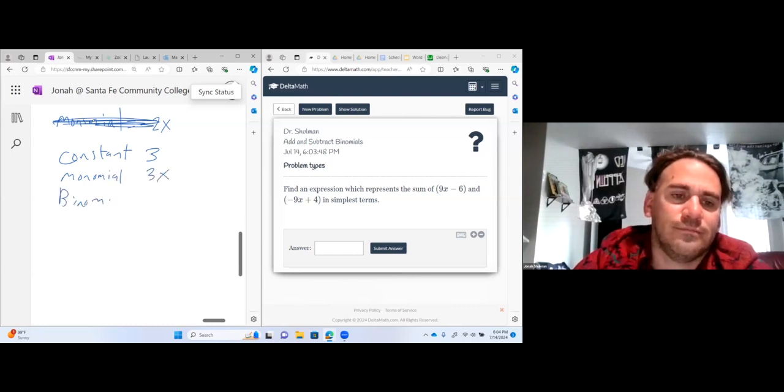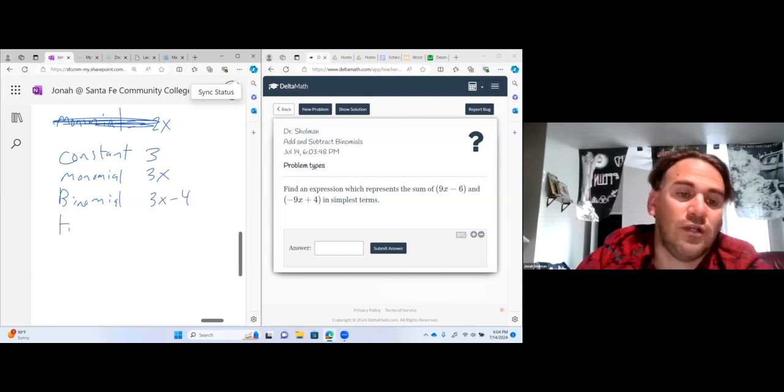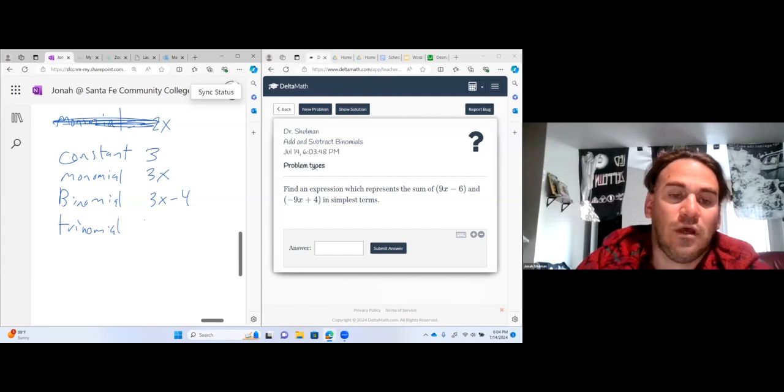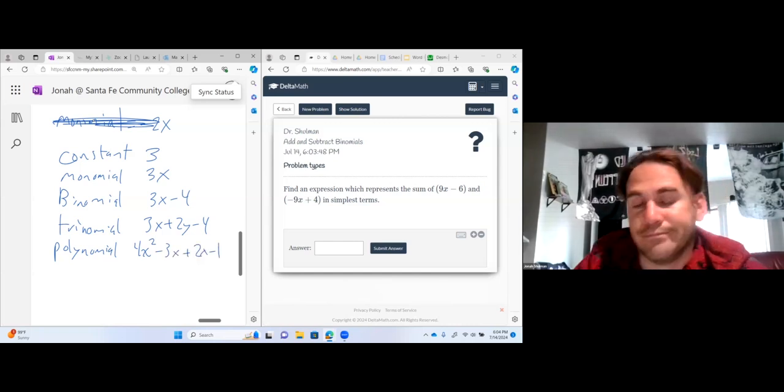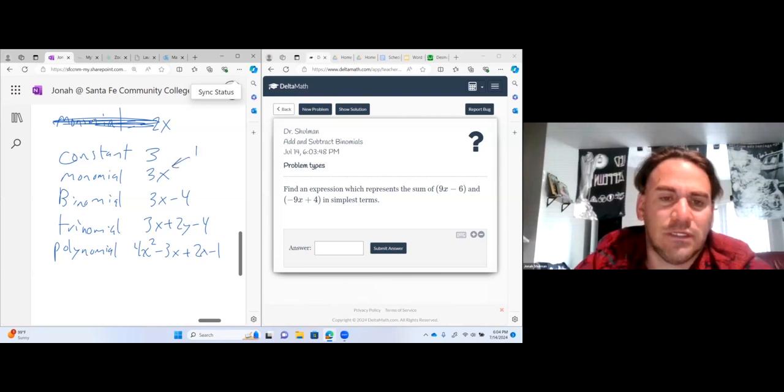Binomial is 2 terms, so it's like 3x minus 4. Trinomial is 3x plus 2y minus 4. And polynomial means we just got a bunch. So it could be like 4x squared minus 3x plus 2x minus 1. That's what that means.